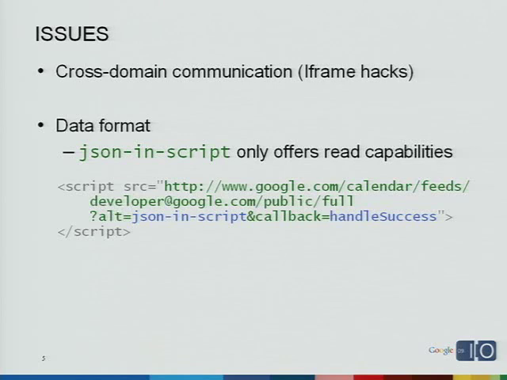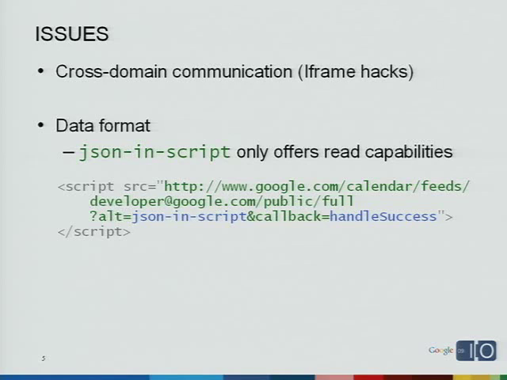Also, even if you could talk cross-domain, you're going to have issues with the data format. Google Data offers a JSON in script format. If you're not familiar with JSON in script, basically what it does is you call JSON in script with a callback function, and it's going to load some JSON onto your page, and it's going to call the callback with that JSON object.